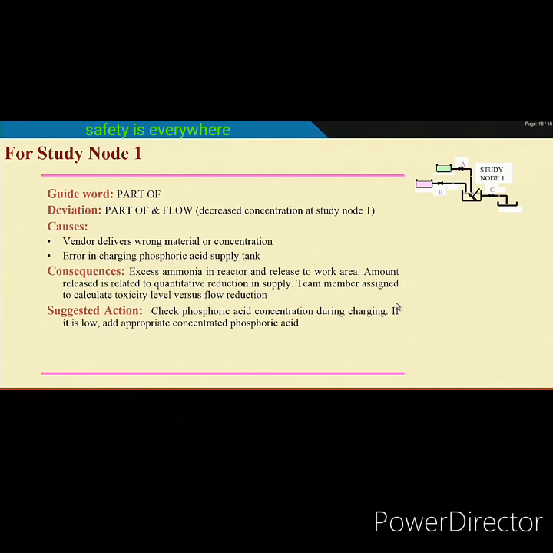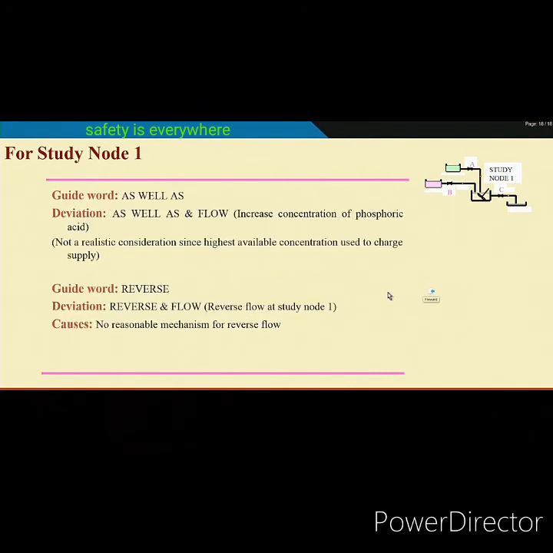There will be consequences and suggested actions. Okay. Now, what about as well as, meaning qualitative increase in concentration? Why increase concentration? Find out the reasons. Not a realistic consideration, since the highest available concentration is used to charge the supply. So that means this is not possible, forget about this.